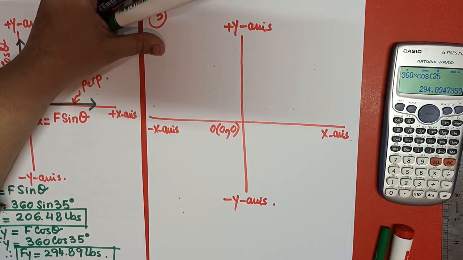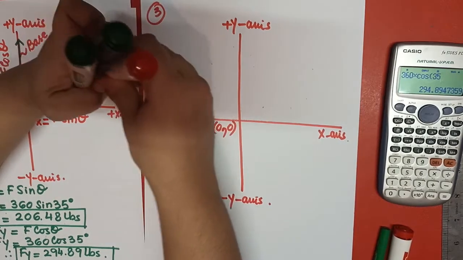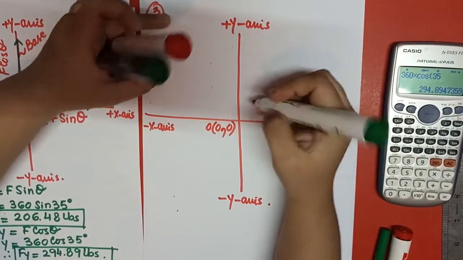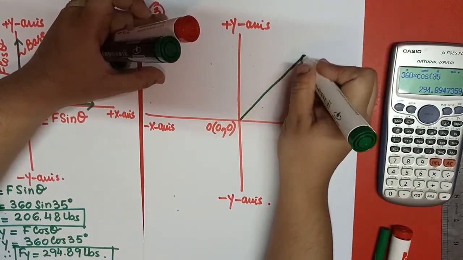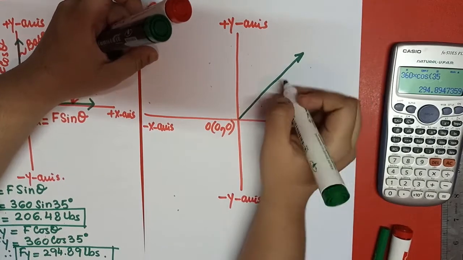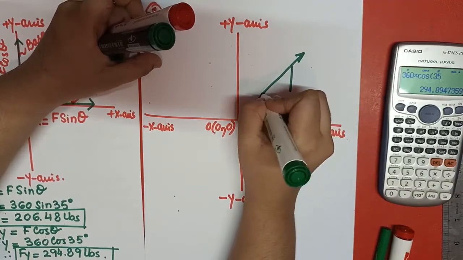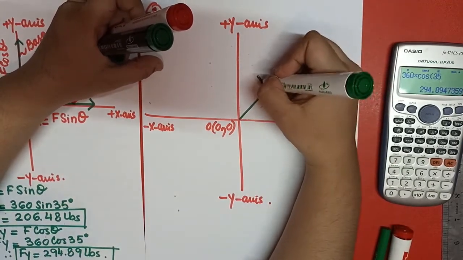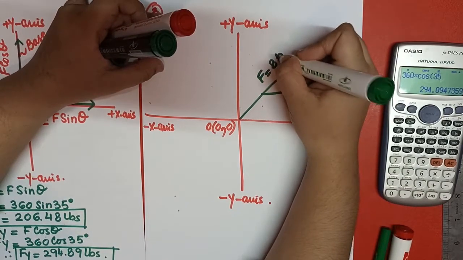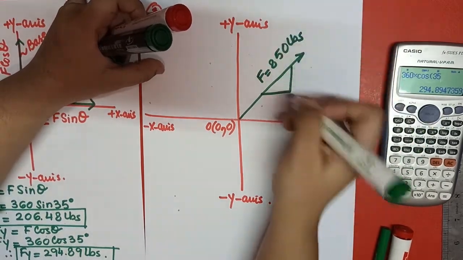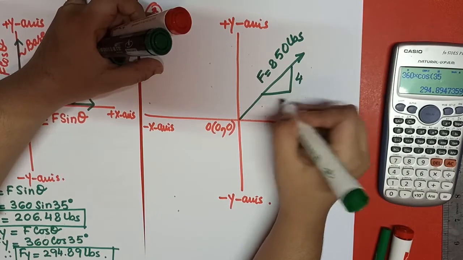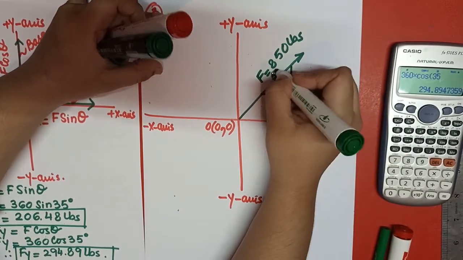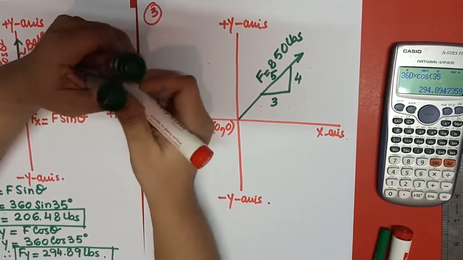So what we are going to do here: if we have the force in the first quadrant, we can take force in any quadrant, but I am just giving you the example to make your concept clear. I am writing F equals 850 pounds. This side is 4, this side is 3 and this one is 5.